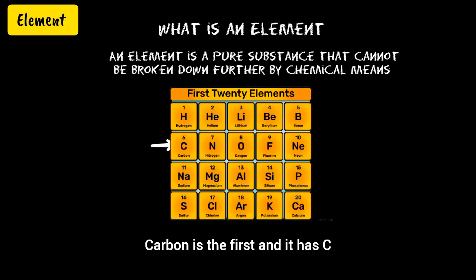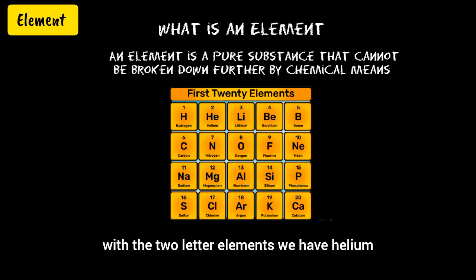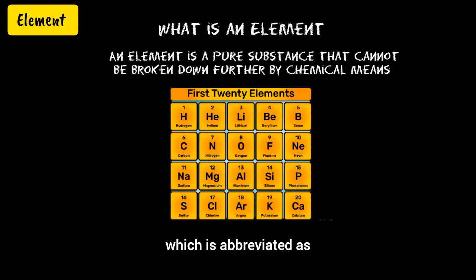Carbon is the first and it has C. The second is sulfur, which has a big letter S. Of course, you can see that for carbon it's big letter C. With the two letter elements, we have helium, which is abbreviated as H with a small letter e because it's the second letter. And the same goes for magnesium, which has M and a small letter g.